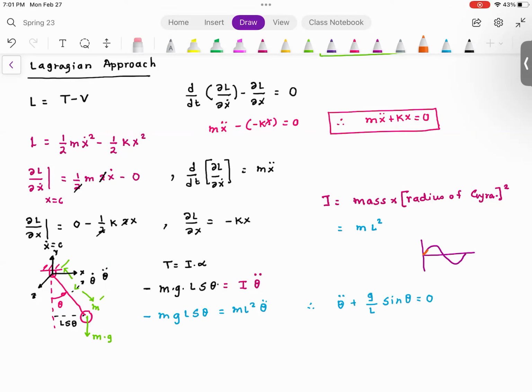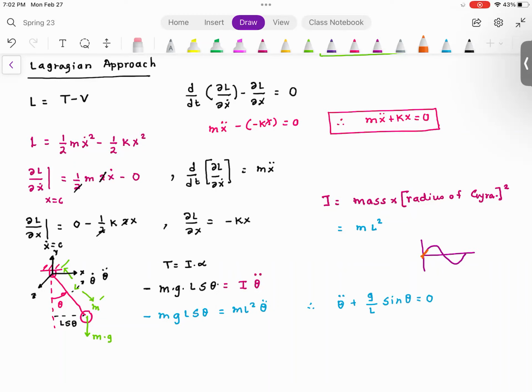So this can be linearized in the vicinity of a fixed point. Are you with me? You can't do linearization at an arbitrary point. Linearization has to be around something. You can't do a global linearization, you can only do a local linearization. What it means is you can linearize near 0.